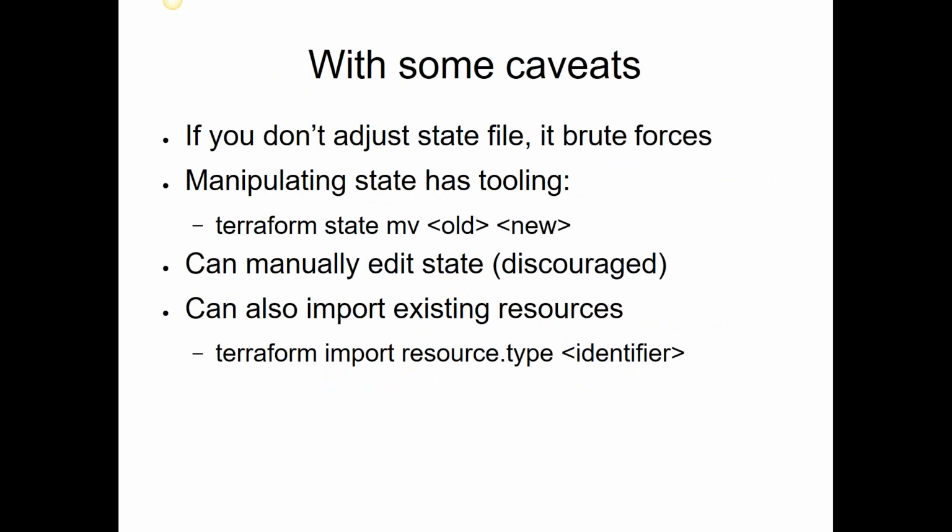What led to this becoming vBrownBag was I was cracking on Twitter about something to do with the management of the state. We use count in the module, so there's no easy way to pass in and just do a loop with Terraform.